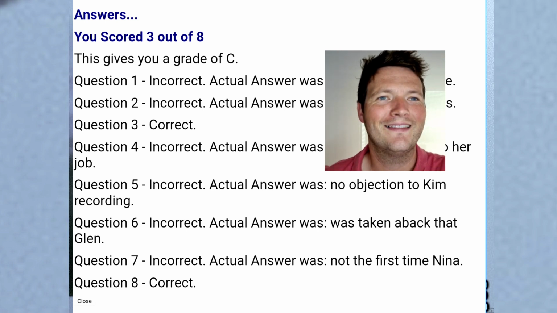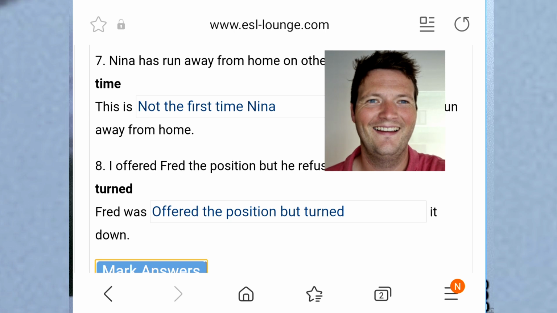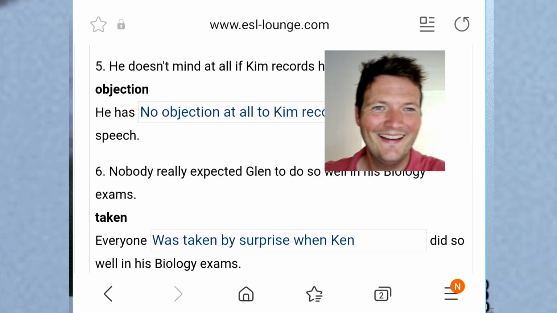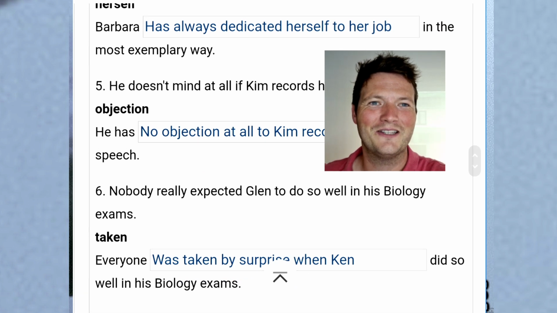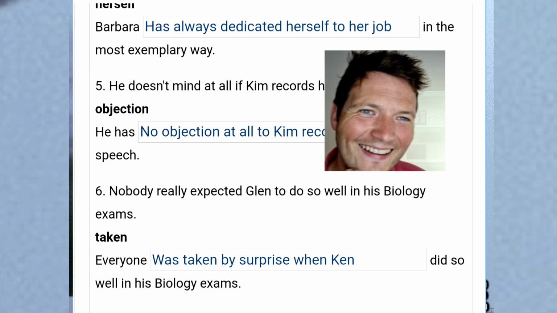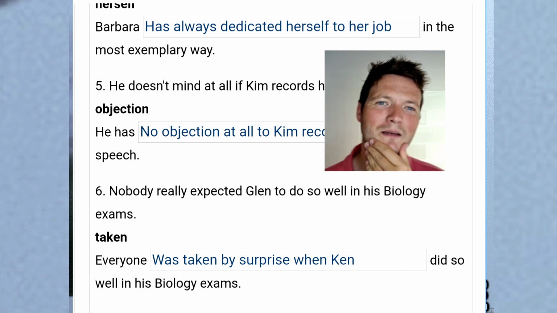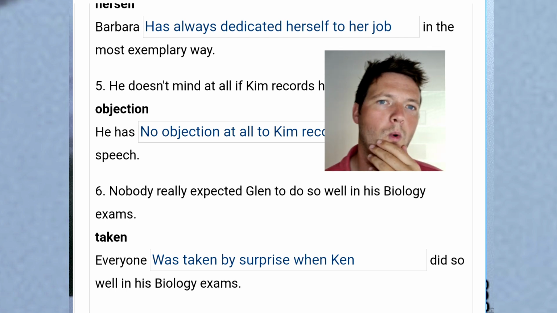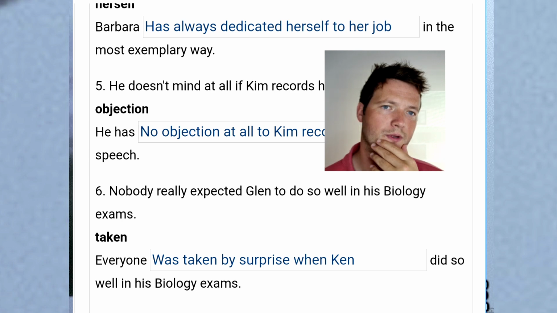Oh, did I say Ken? Maybe. Yeah, I changed the name of the person, so I definitely would have got that wrong. I would have got 1 point, but was taken by surprise, I think, is the same as was taken aback.